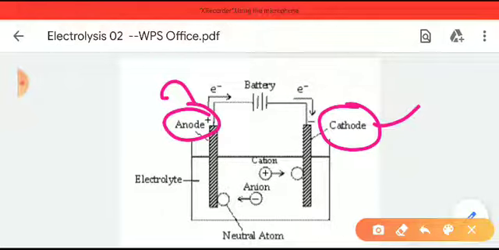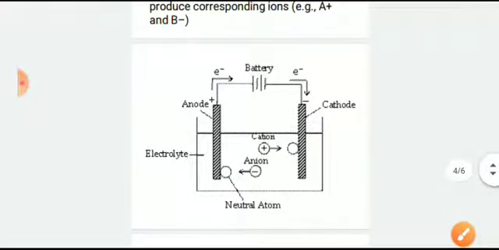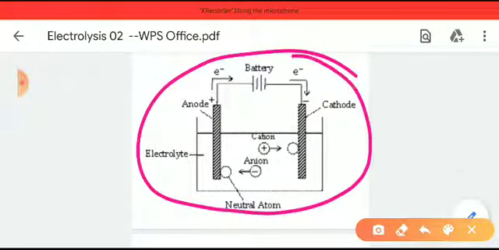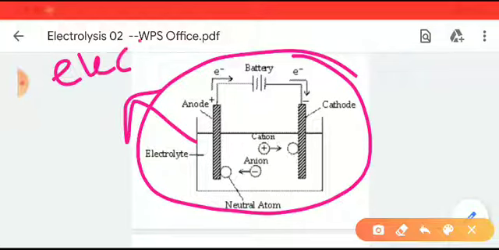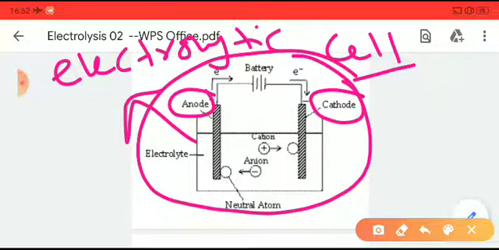Remember, the equipment in which electrolysis takes place is called the electrochemical cell, or electrolytic cell. In the electrolytic cell two electrodes will be present, and these electrodes are named anode and cathode.